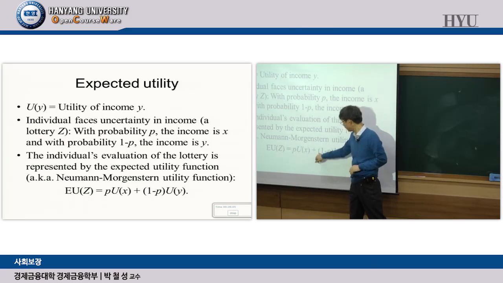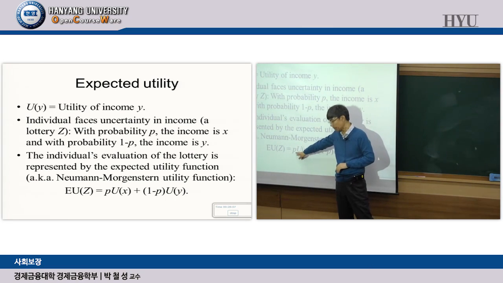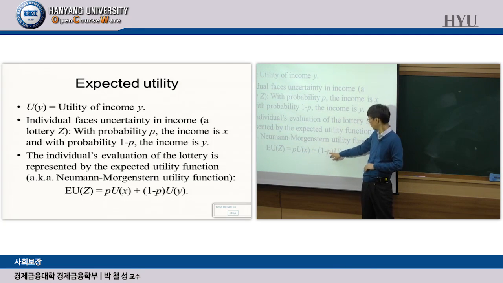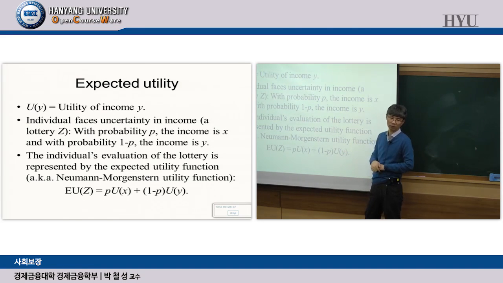If it's 50%, this is 0.5 times the utility of getting nothing plus 0.5 times the utility of getting 10,000 won. This is how we define expected utility.